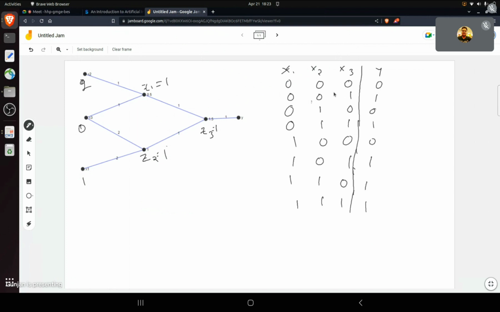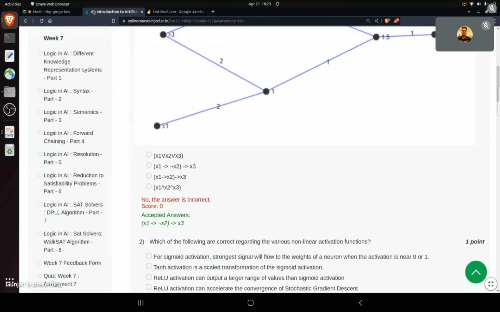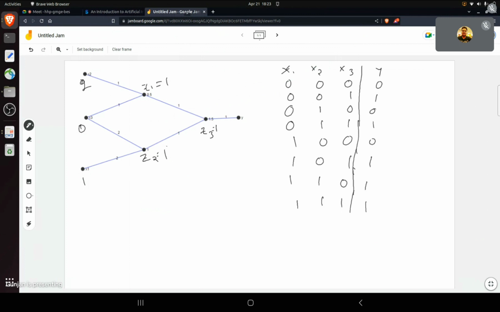Yeah, so it is also not an and because when x1 is 1, x2 is 1, and x3 is 0, it is still 1. And even when x1 is 0, it is 1, so it is not an and. So that brings us to the last two options, x1 implies not x2 implies x3. Okay.